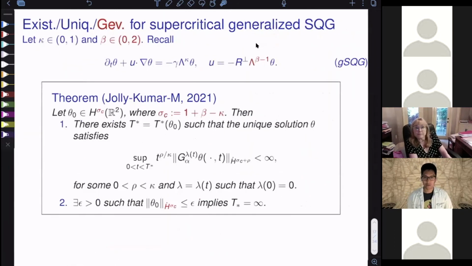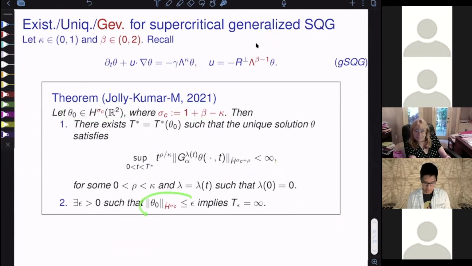Okay, so we are able to do that, and here are the results. So this is essentially the extension of both the Miura and the Biswas results. So we establish existence and uniqueness in the scaling critical Sobolev space, 1 plus beta minus kappa. So we have existence and uniqueness, and moreover, we have the smoothing.